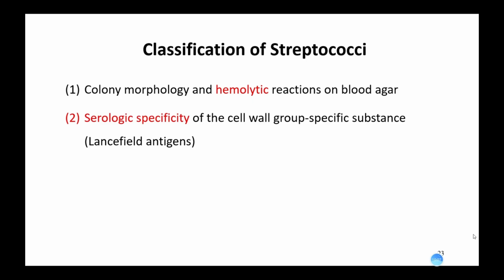Or if you check their serologic specificity of the cell wall substances, so the cell wall antigen, they can be classified into 17 different groups. That is what we call the Lancefield antigen. So that's a group-specific substance on the cell wall.